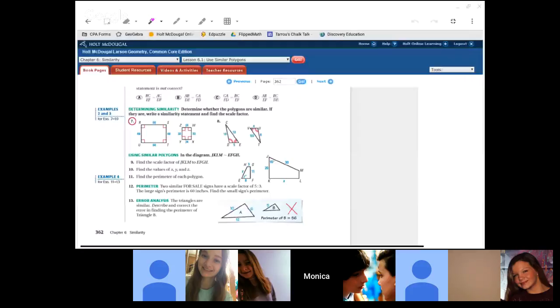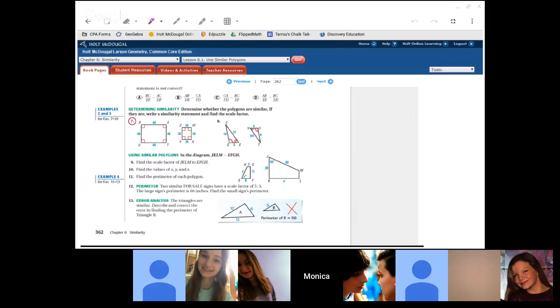Okay, Madison, here's number 9. What you're supposed to do for number 9 is find the scale factor of JKLM to EFGH. The scale factor, remember, is the proportion or the ratio from one side to the other.